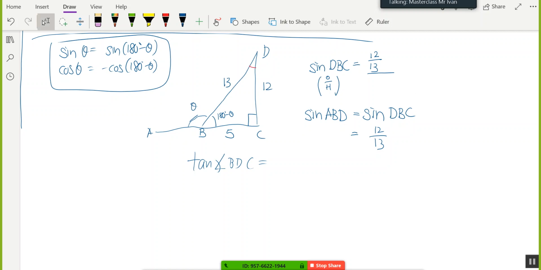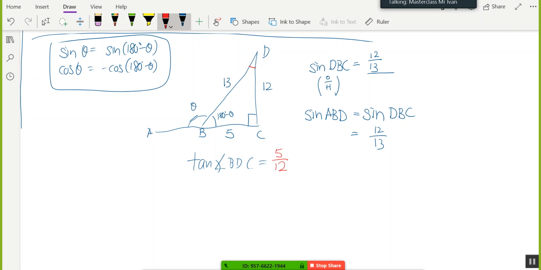BDC is here. What is opposite to the red guy? 5. What is adjacent to the red guy? 12. So the answer is 5 over 12. Jerome, do you agree or not? Yep. Good.